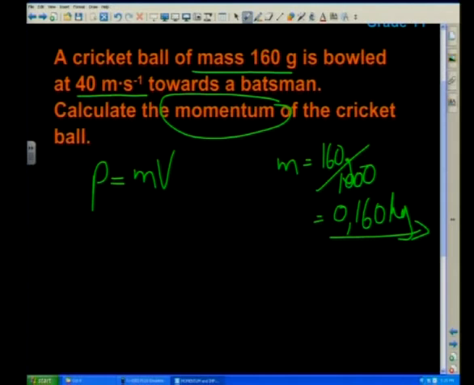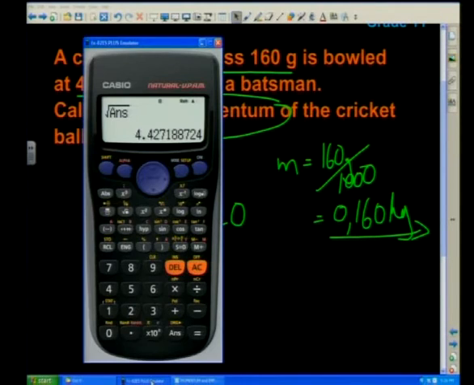Okay. Which means then that all I have to do is substitute that in for the mass, multiplied by the velocity. That's nice and easy. That's equal to 40 meters per second. And do we have our calculator here? So let's bring our calculator up. And what are we doing? We're saying 0.160, and we are multiplying by 40, and we get an answer of, let's get that into a decimal point, 6,4.